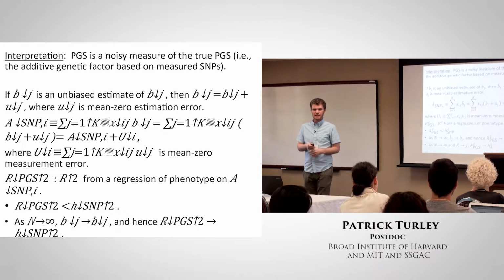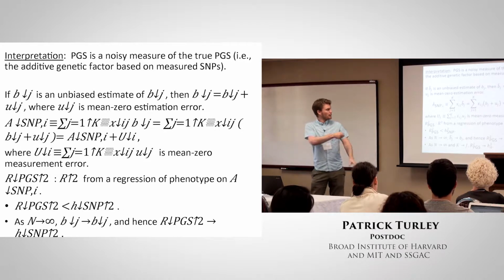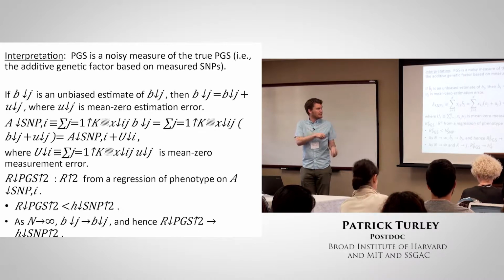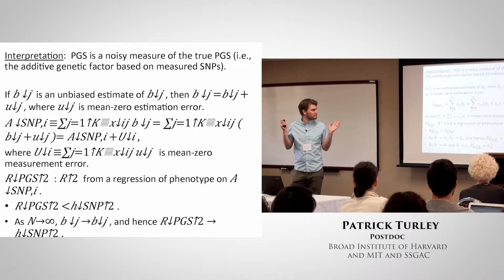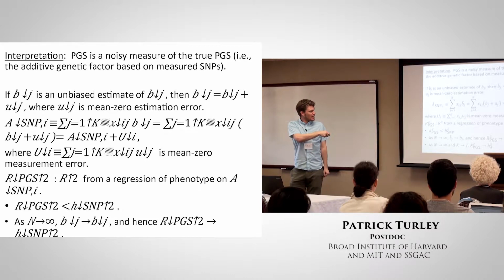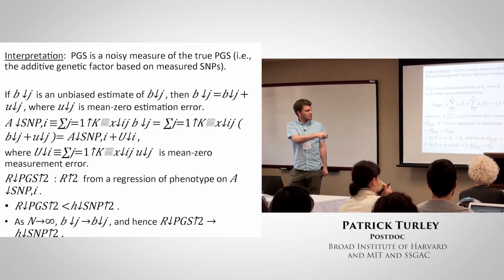And this is pretty easy to see. So if we have our beta hats, and let's say that we have some unbiased estimator of these betas, and so they're equal to true beta plus some noise. This means that our polygenic score is going to be x times these estimated weights, and we're going to substitute in true weight plus the noise here.